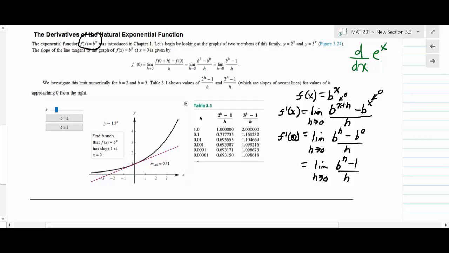If I looked at b equal to 2, and put in my calculator 2 to the x minus 1 over x, and traced out various values of h, when h is getting close to 0, the value of that limit is getting close to a certain number, and so forth. If you went on to b equals 3 and graphed that in your calculator, you'd be getting close to another number.